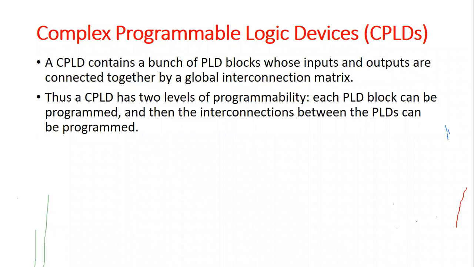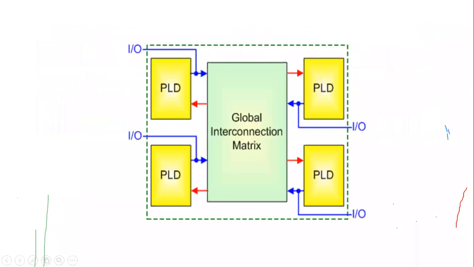CPLD means complex programmable logic device and FPGA means field programmable gate array. So when we consider this CPLD, the main block diagram of this CPLD is this one, which contains PLDs. That is, this PLD may be a ROM or PLA or PAL.